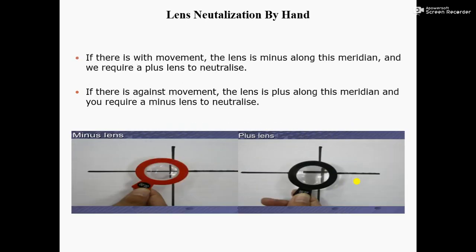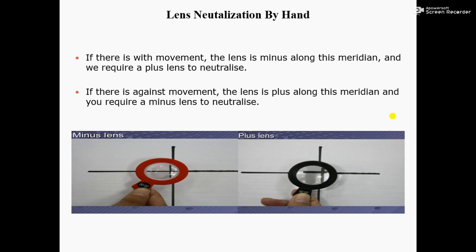If there is with movement, the lens is minus along this meridian and we require a plus lens to neutralize. If there is against movement, the lens is plus along this meridian and we require a minus lens to neutralize.